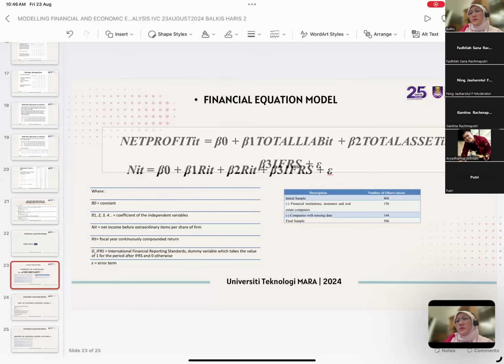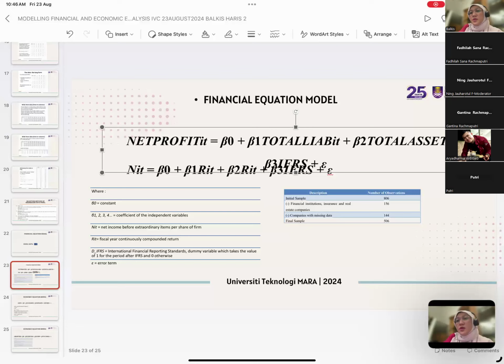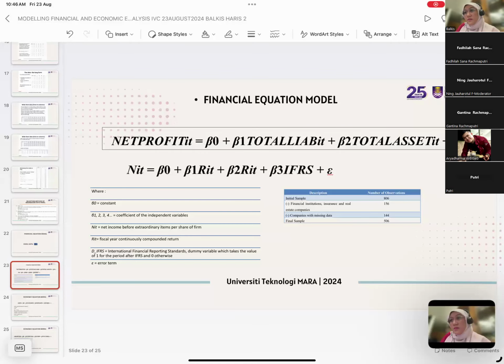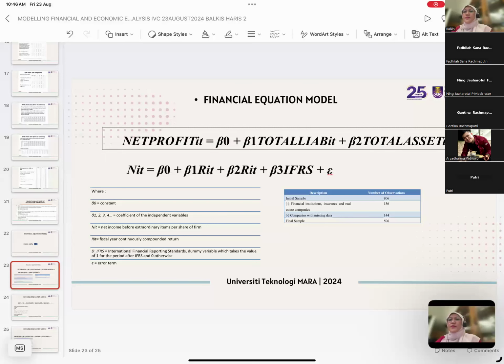So based on this financial equation model, we want to identify whether total liabilities and total asset have a positive relationship with net profit, because I put positive there.